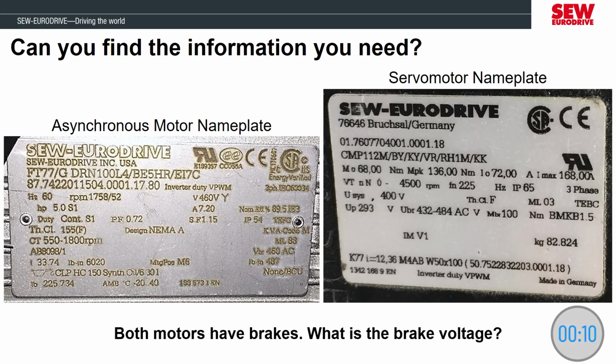What is the brake voltage of each motor? The DRN motor has a brake rectifier voltage of 460 volts AC, and the CMP motor has a brake rectifier voltage that ranges from 432 volts AC to 484 volts AC.